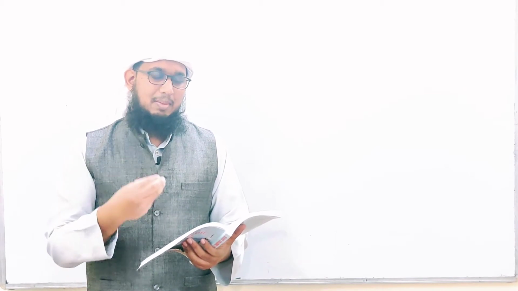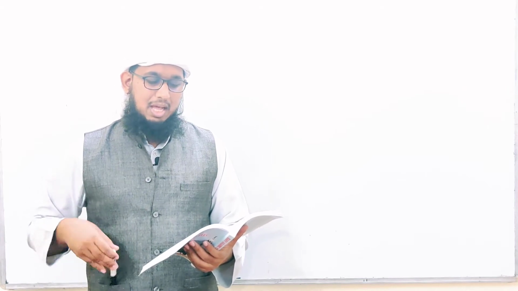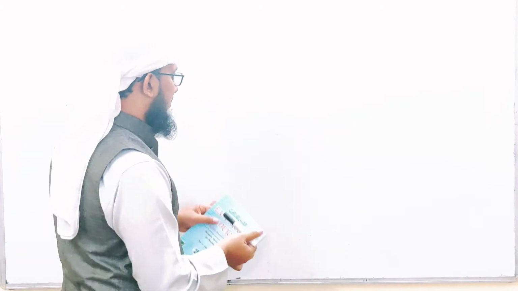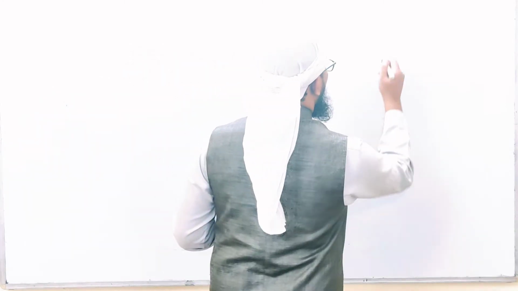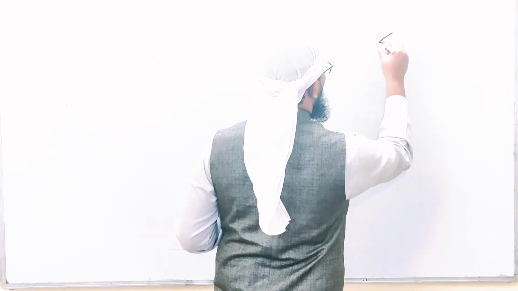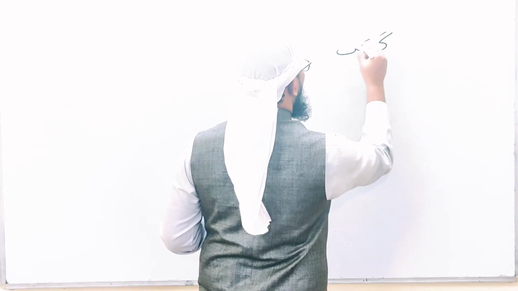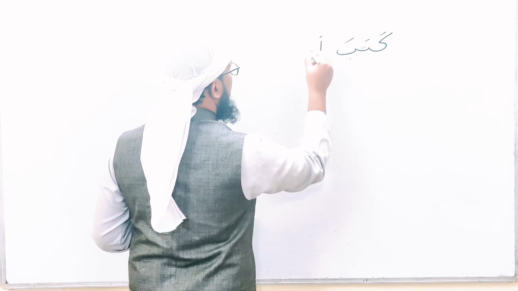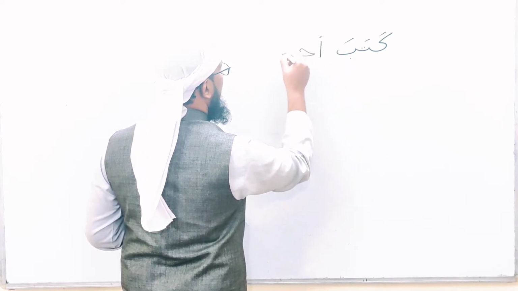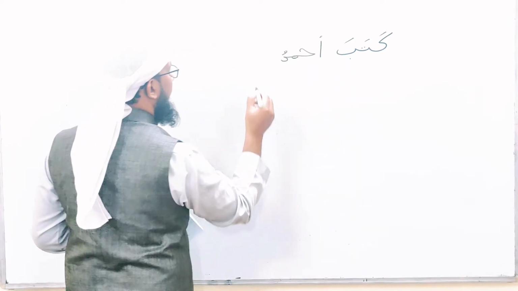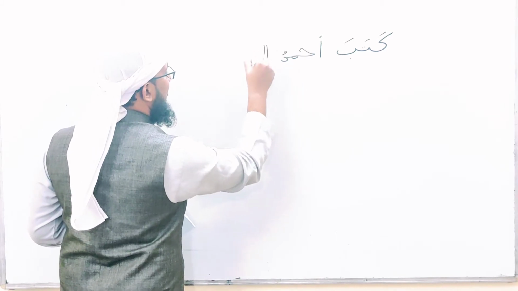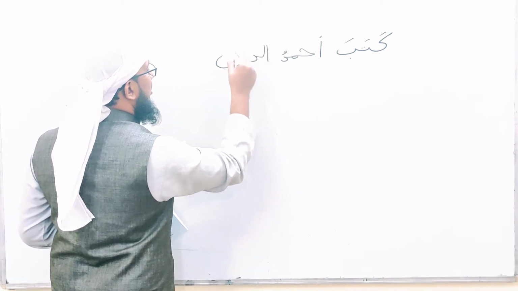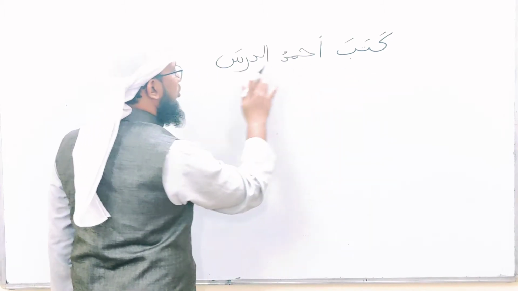For example, we say كتب أحمد الدرس, as we have in the example here. Let me write this inshallah. كتب, he wrote. أحمد, يعني Ahmad wrote. الدرس, the lesson. كتب أحمد الدرس.